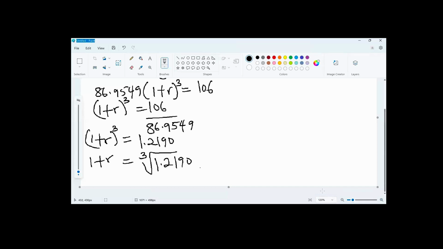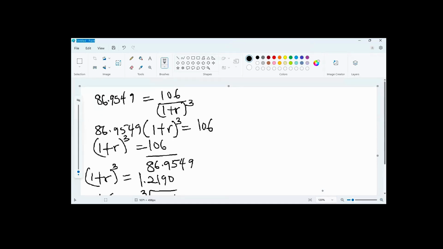Please look for the cube root of 1.2190. 1.0682. So 1 plus R is equal to 1.0682. Make R the subject.